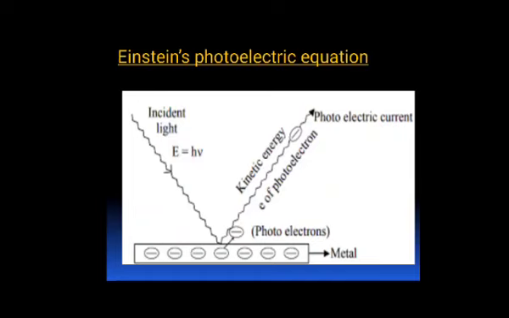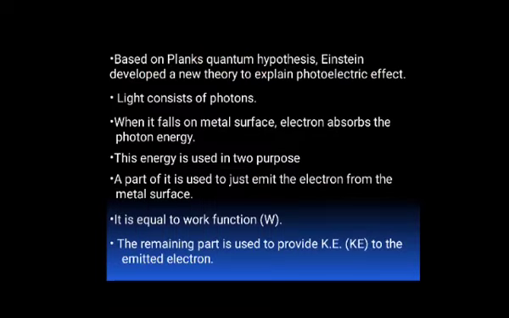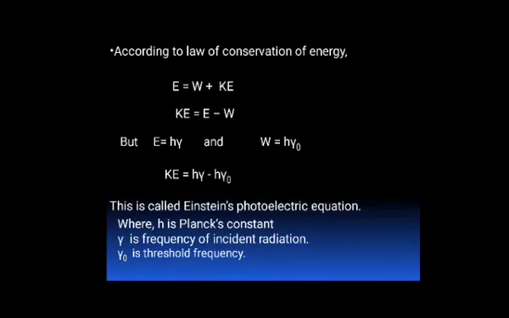Now if we want to write it in the form of an equation, according to the law of conservation of energy, total energy given is equal to work function plus kinetic energy.